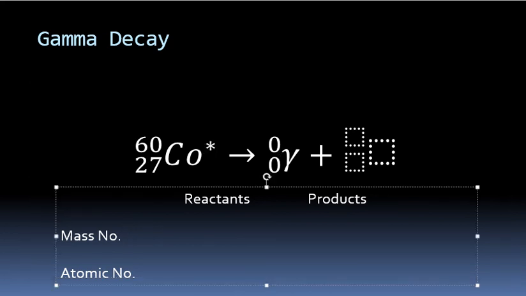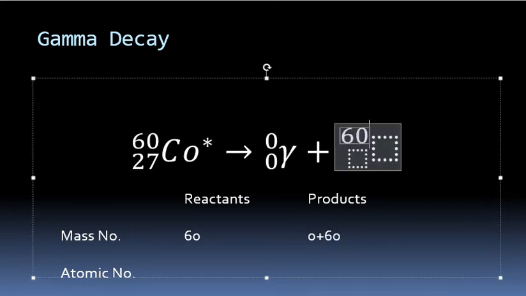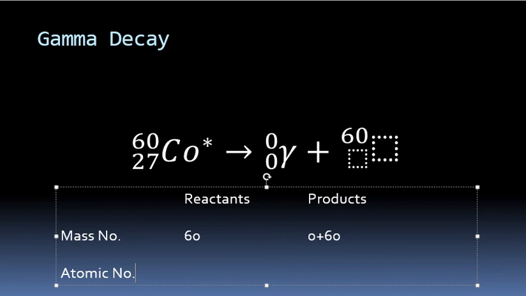Now then, to basically solve for this, let's say the mass number is 60 on the left side of the equation. Well, our gamma particle has a mass number of 0. Therefore, 1 plus 0 equals 60? Yep, 60. In the case of our atomic number, it's going to be the same exact math. Our excited cobalt element has an atomic number of 27. Well, the gamma particle has an atomic number of 0.